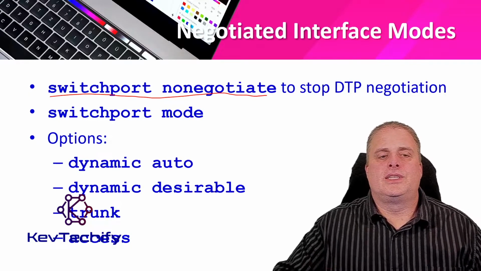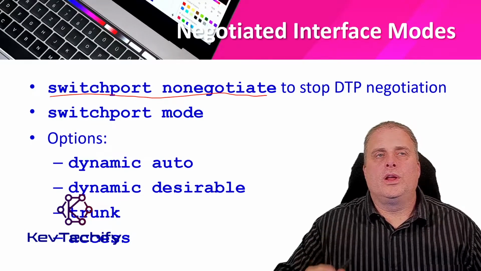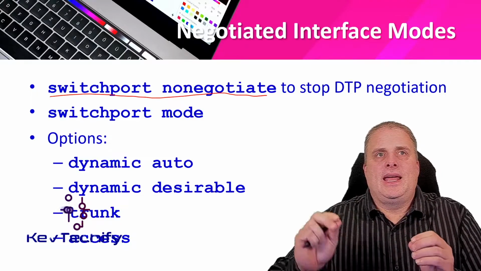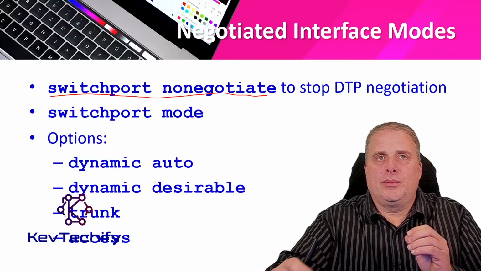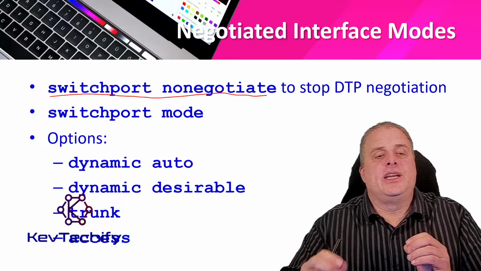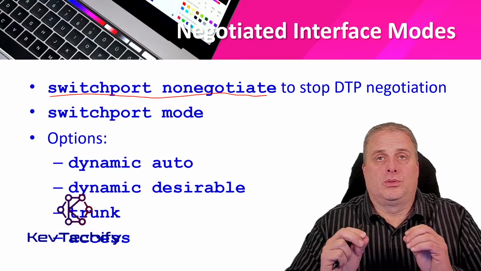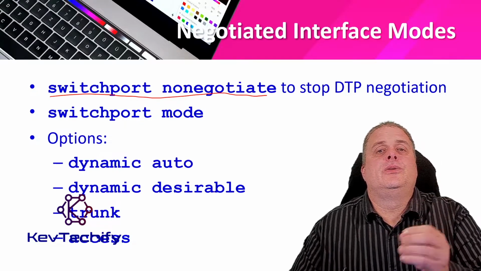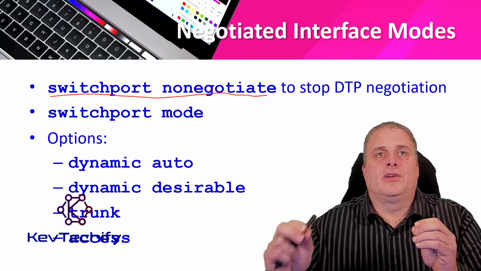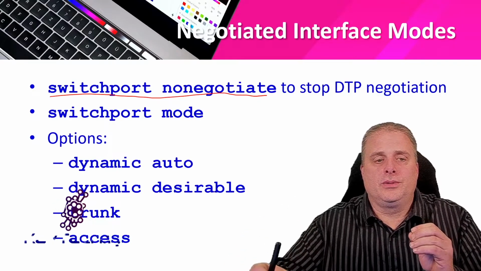The first one is Dynamic Auto. It will become a trunk interface if the neighboring interface, the other end of the cable, is set to either trunk or desirable mode. So Dynamic Auto will turn that interface into a trunk interface if the other interface is a trunk or desirable.